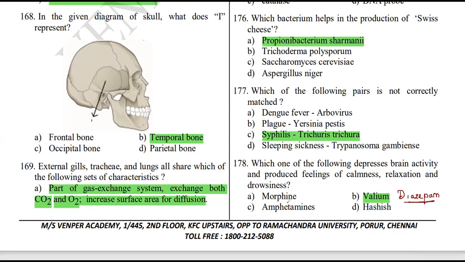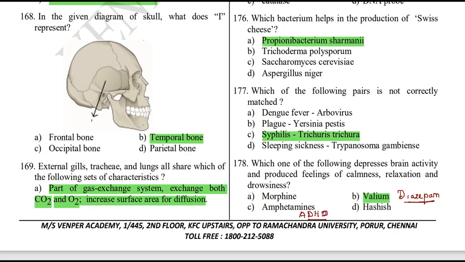What about morphine? Morphines are going to be painkillers. Amphetamines are the ones given to people who lack cognitive ability, to improve it, and to people who have ADHD, attention deficit hyperactivity disorder.